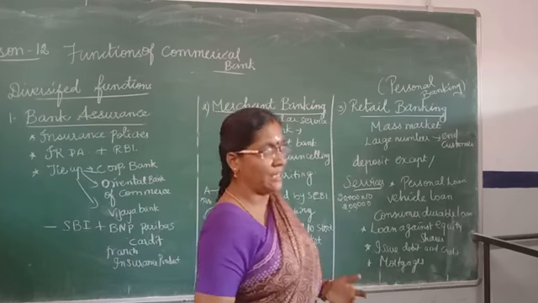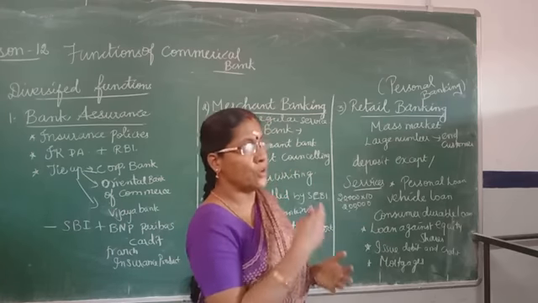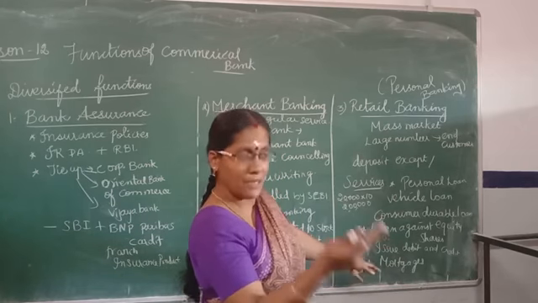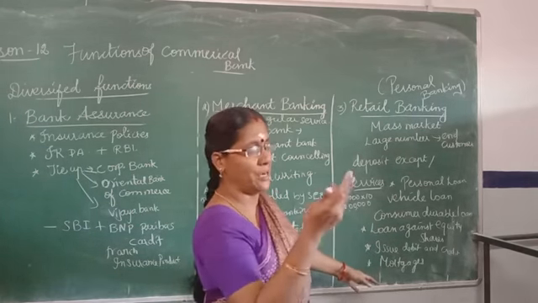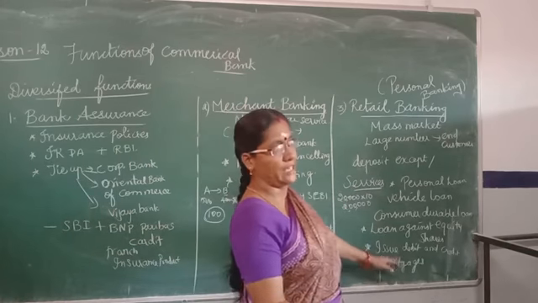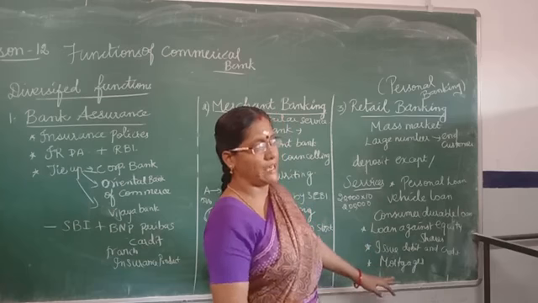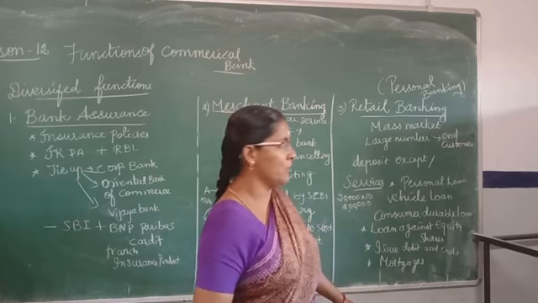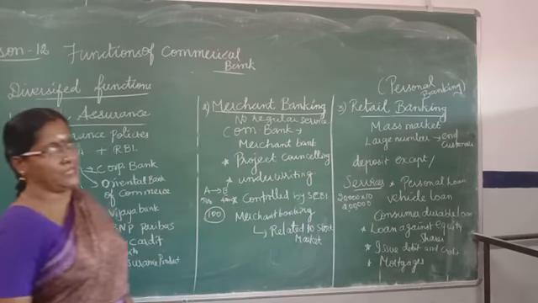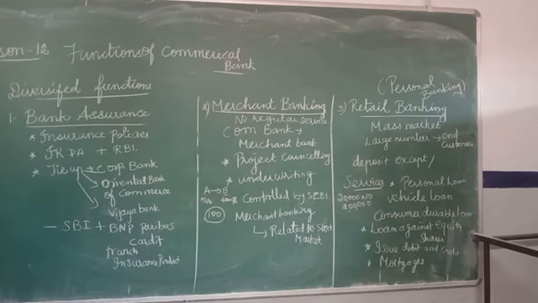They will give money against that. We can mortgage the jewel, the title deeds, or the share certificates, and get a loan instead. These are all the diversified banking services. And next, let us see about housing finance.